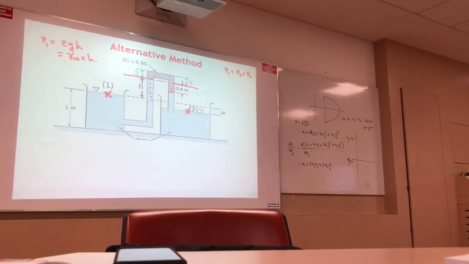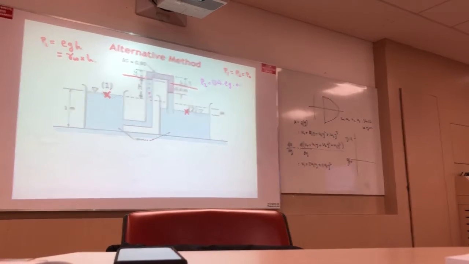What is the value of P2? Tell me. Here is P2. The value of P2 becomes rho g h plus specific gravity times rho times g times h. What is the value of H?